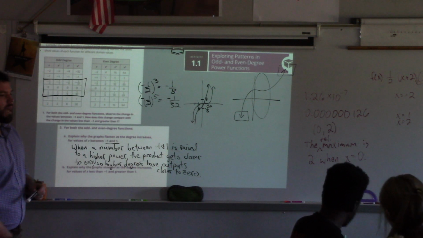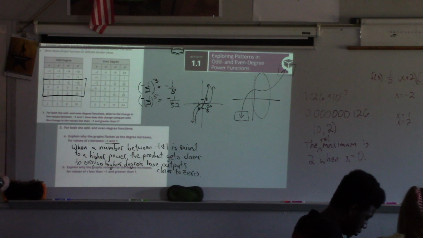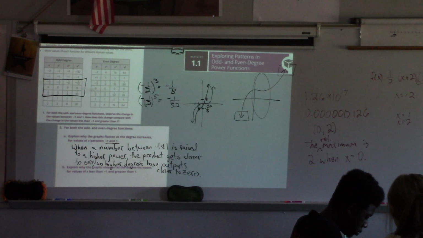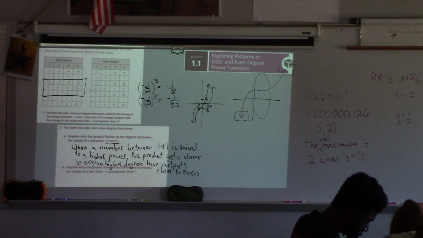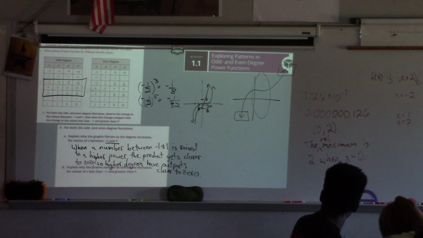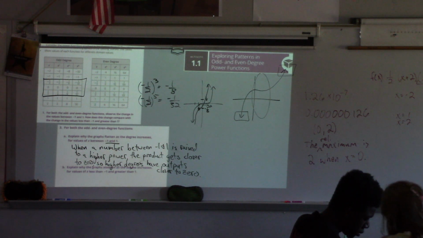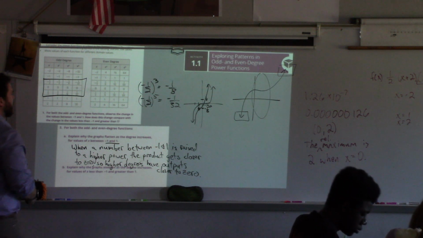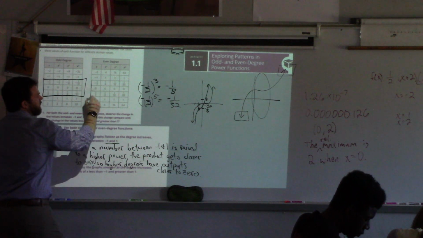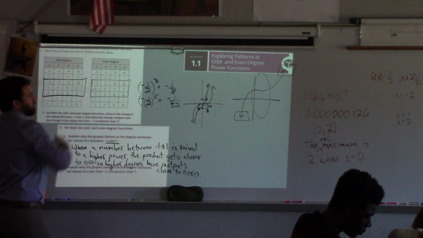That graph matches the equation. A number between negative 1 and 1 is raised to a higher power. That product gets closer to 0, so higher degrees have outputs closer to 0. Specifically, right, between negative 1 and 1. And that's why it's flattened out. It's close to 0 between negative 1 and 1. And you see that result within the evens as well. Okay?